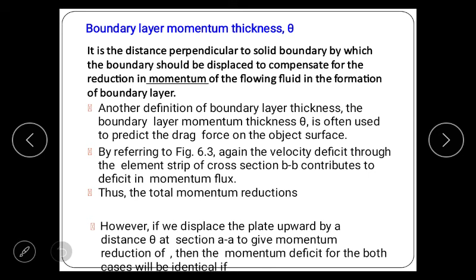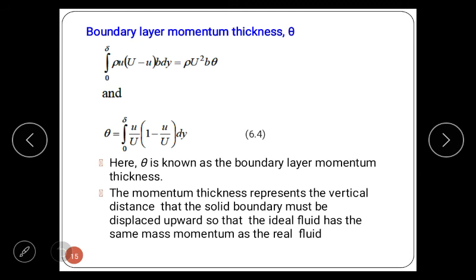Next is its formula. Momentum thickness is denoted by theta, and it is equal to the integration within the limit 0 to delta of u upon U into bracket 1 minus u by U, into dy.